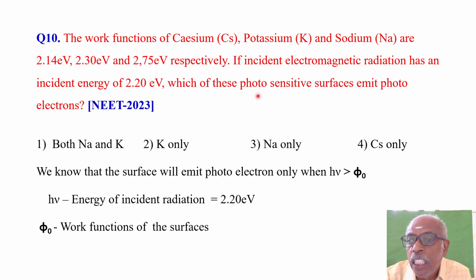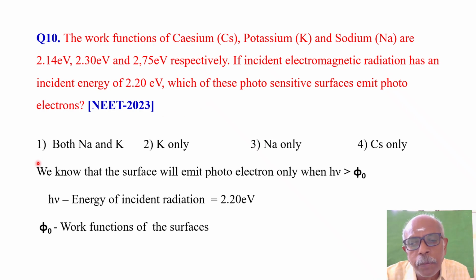If incident electromagnetic radiation has an incident energy of 2.20 electron volt, which of these photosensitive surfaces emit photoelectrons? This question has been asked in the NEET examination in the year 2023.